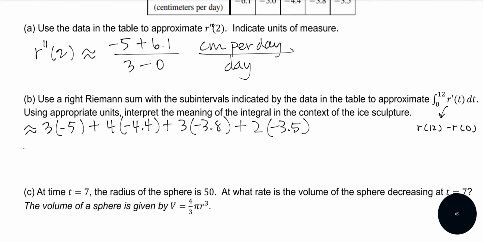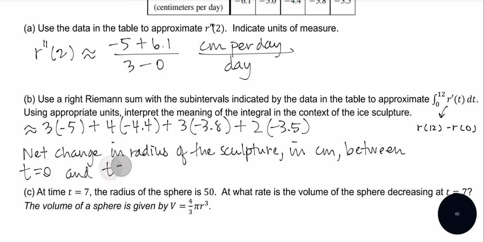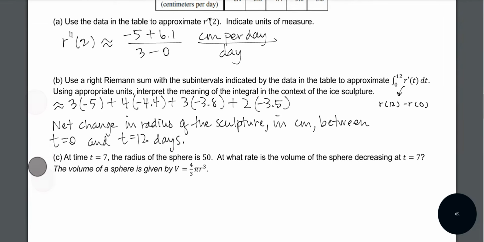So this is going to be the net change in radius of the sculpture in centimeters between t equals 0 and t equals 12 days. Remember, we do need that time component in order to earn those interpretation points.